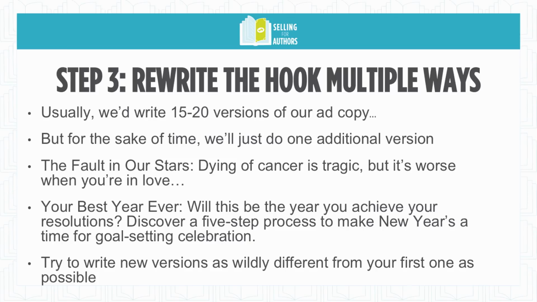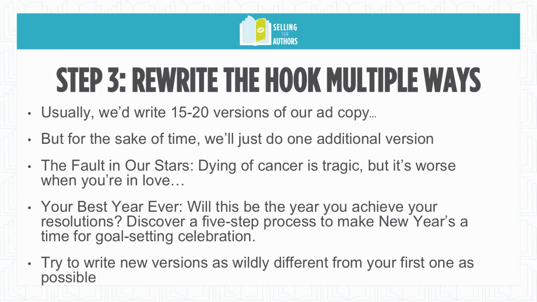So I recommend you write as many different variations as differently as you can write them. You'll notice for Fault in Our Stars it was 2 sentences, and now this is 1 sentence with a comma conjunction in the middle with an ellipsis at the end. So it's different.